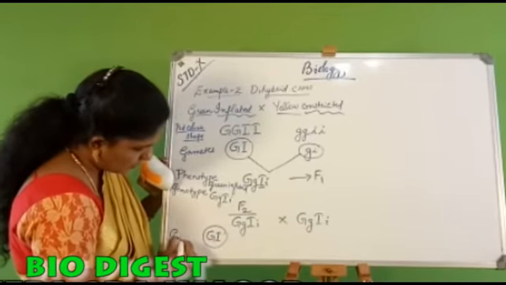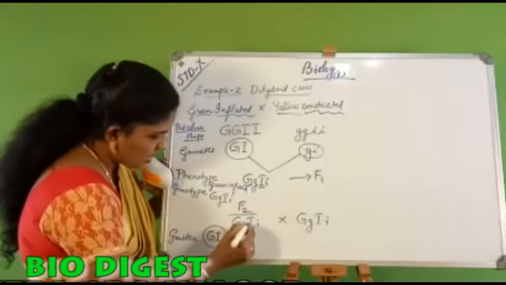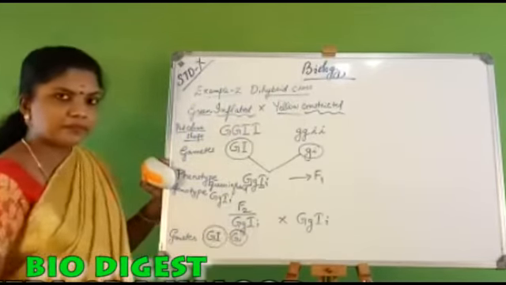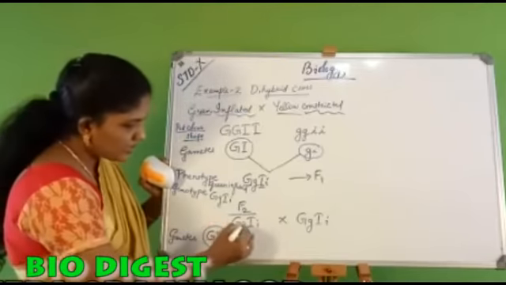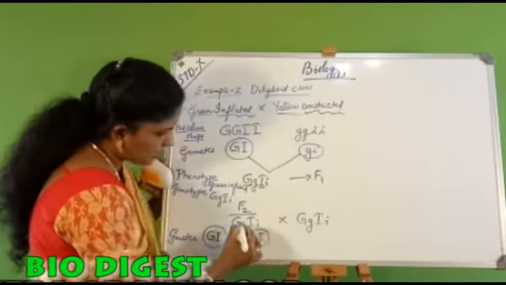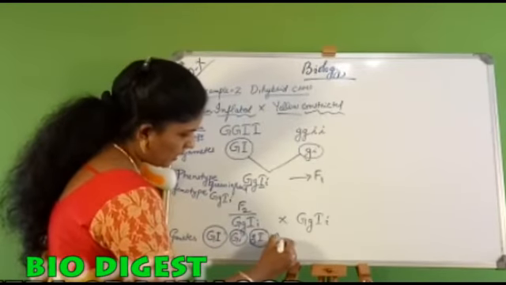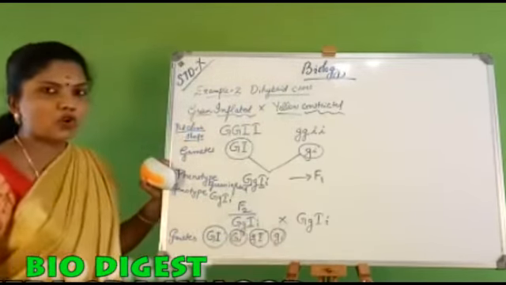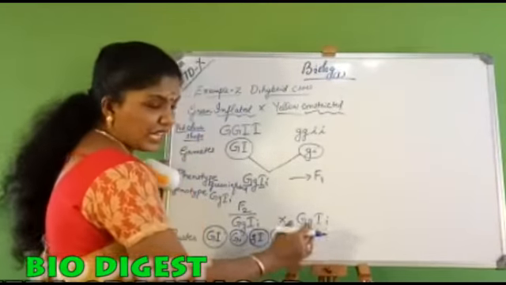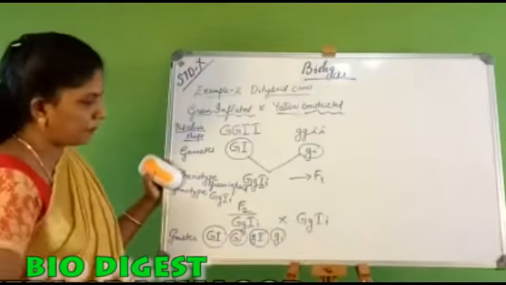So I am writing here gamete. Capital G will combine with the small i, that is the next gamete. Next is small g combined with capital I, third gamete. And small g combined with the small i, that is the fourth gamete. The same is the case in the second plant because the second plant's genetic makeup is also the same.